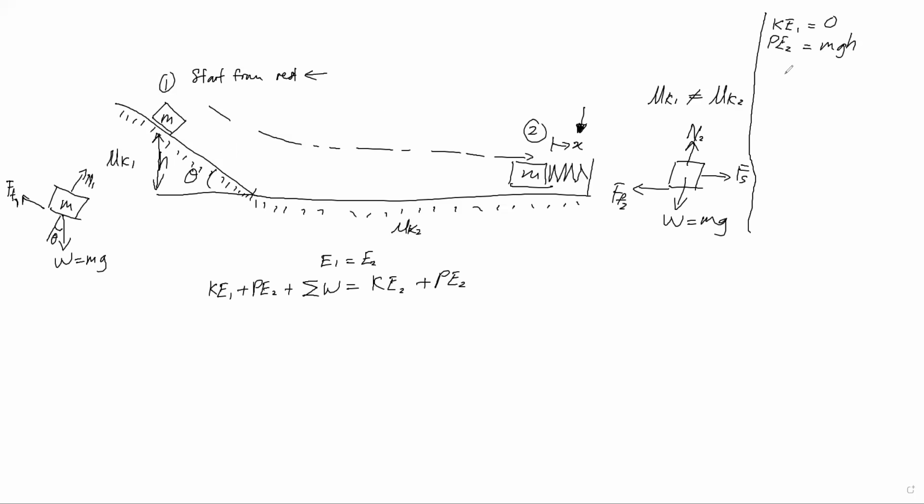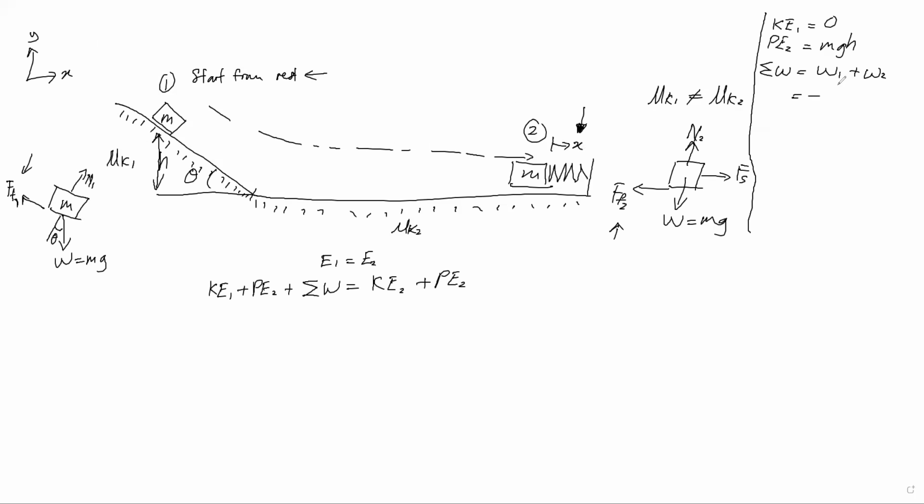Then for the forces due to the friction, we have W1 plus W2, because we have this component here and also this one. It is negative because it is in the opposite direction.